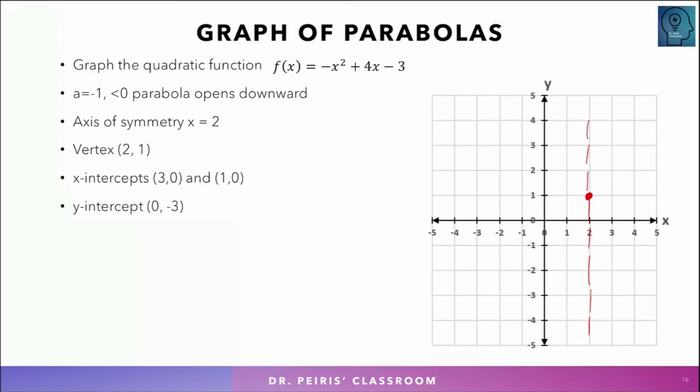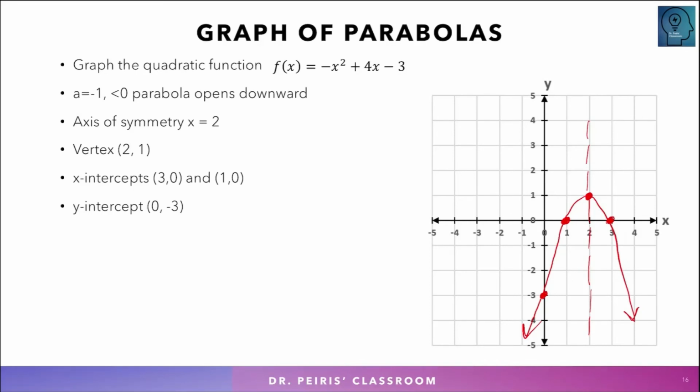The x-intercepts are 3, 0 and then 1, 0. The y-intercept is 0, negative 3, right here. So you see how the points look. That definitely tells us the parabola opens downward. Now we connect the dots. Now this is our graph.